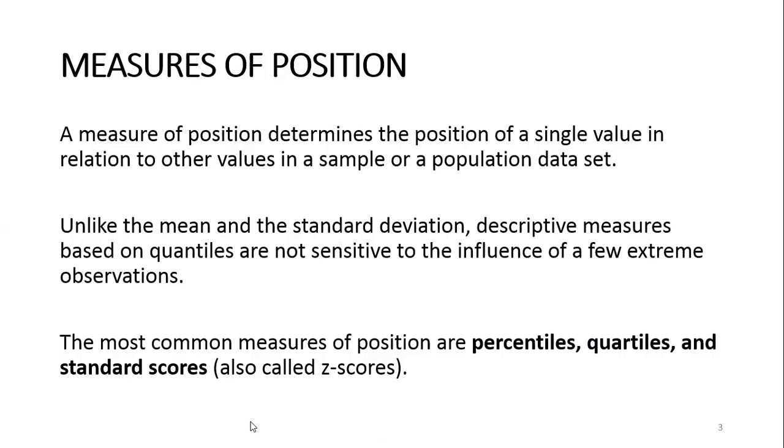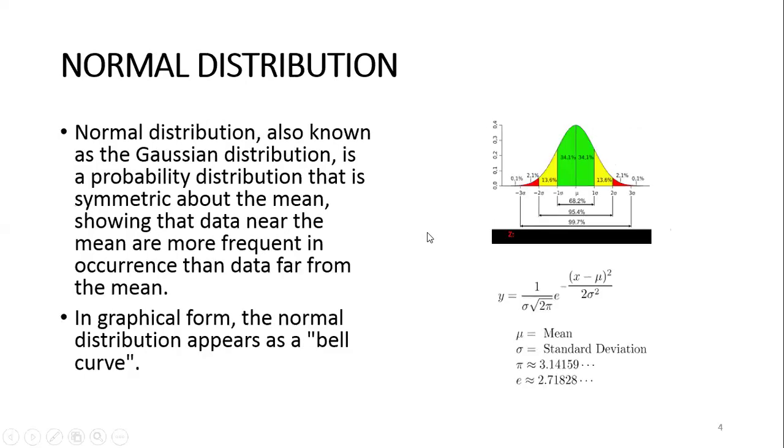Then we also have the standard scores, the z-scores. Z-scores are based on the standard normal distribution. As we are going on, if you have any question, please don't hesitate to ask, because this is just a brush through. We're not going to waste much time here.